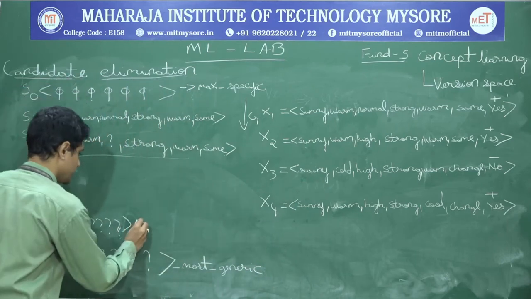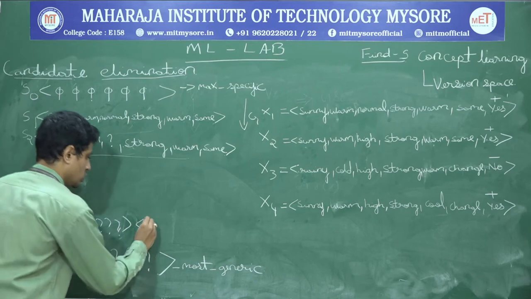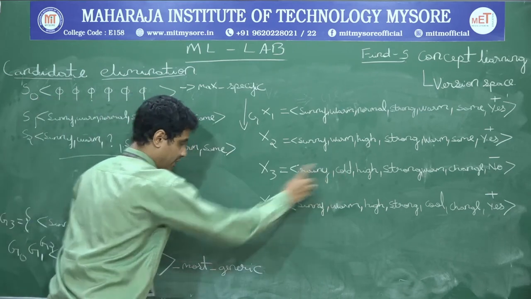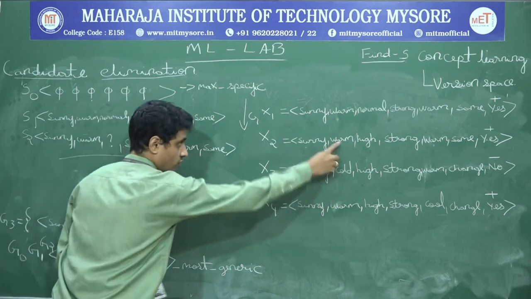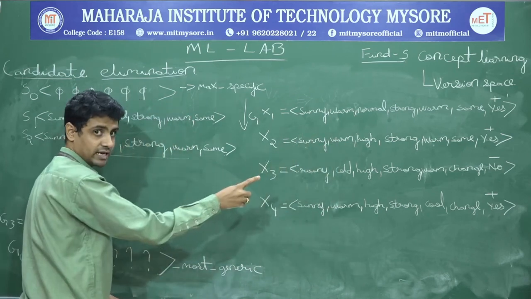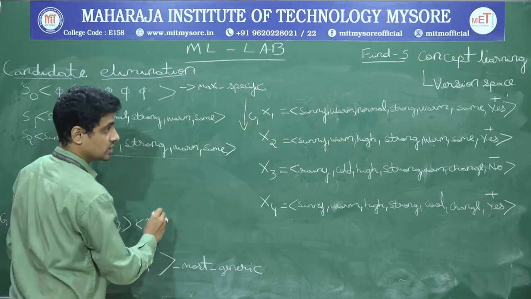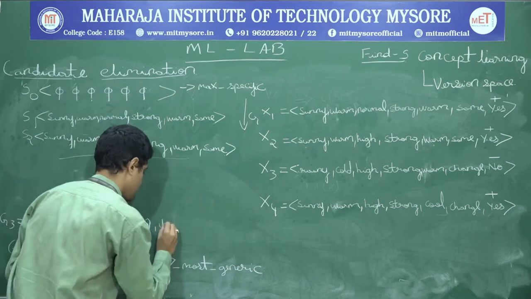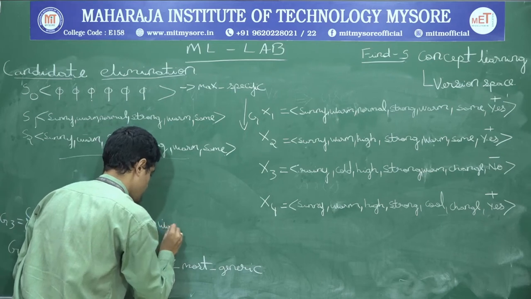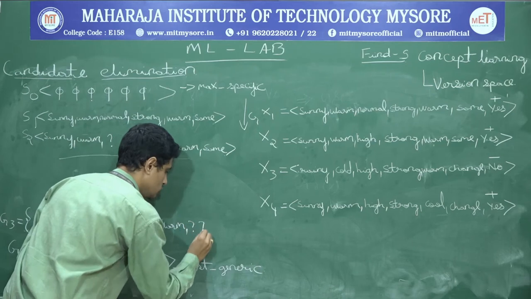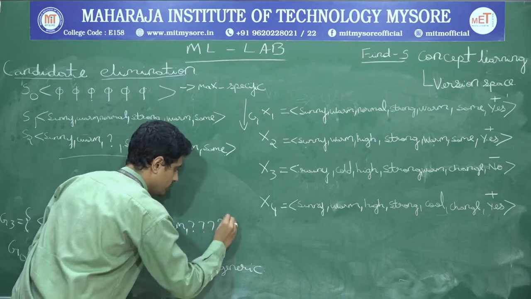So replace this with question mark for the first attribute, because cold is the second attribute. What is the opposite of cold? We have warm, because cold is classified as negative. We don't want cold. We want the opposite one, that is warm. Warm we have, followed by 1, 2, 3, 4.